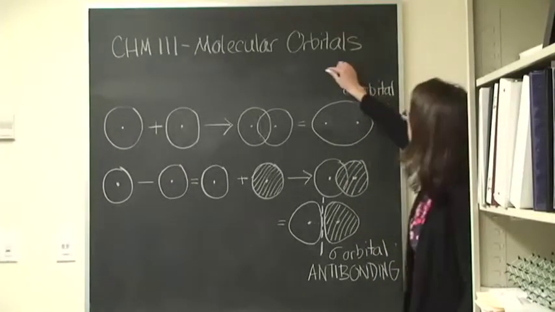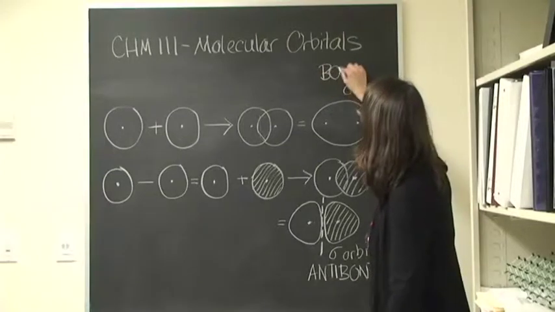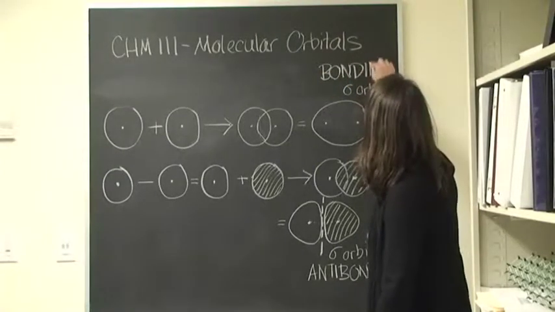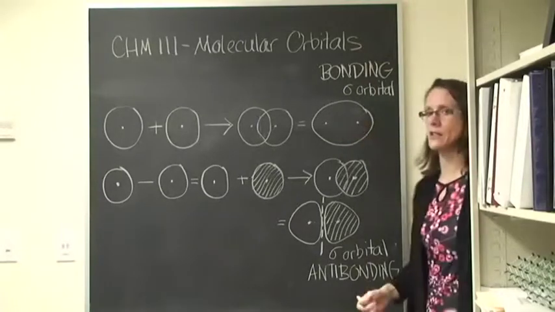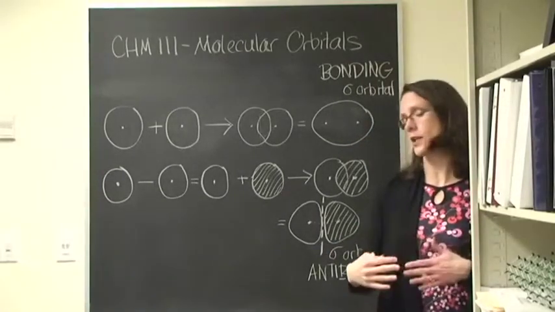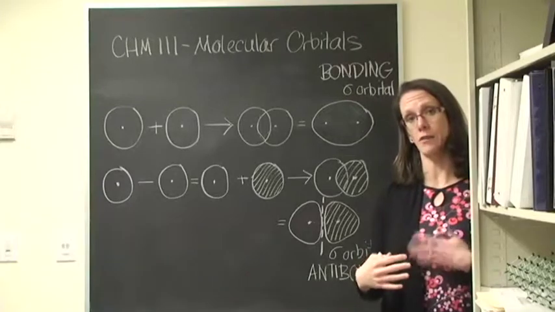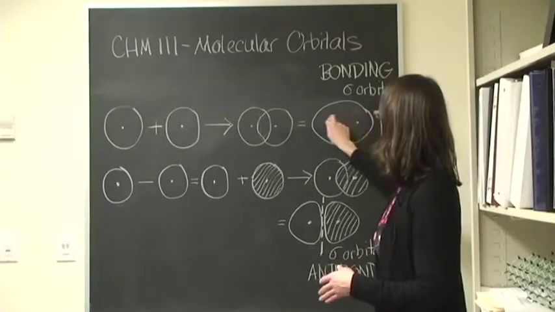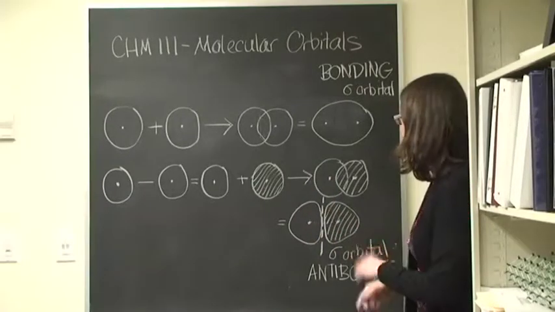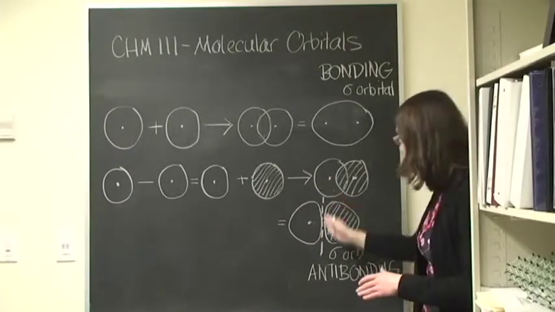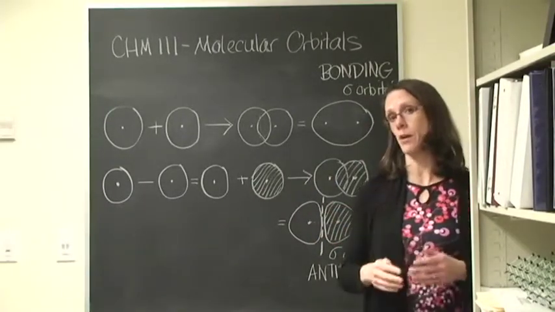This orbital here, in contrast, is a bonding orbital. A bonding orbital has electron density between the two nuclei. It looks just like what we thought about as a sigma bond in valence bond theory. Electron density between these two nuclei brings the nuclei together to form a bond. An anti-bonding orbital has a node smack in the middle of where that bond should be.